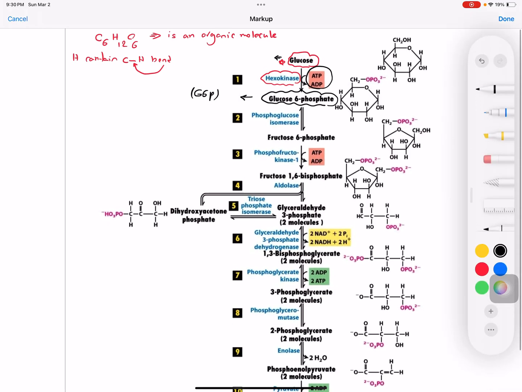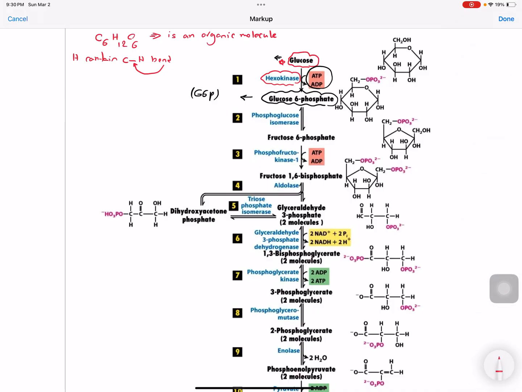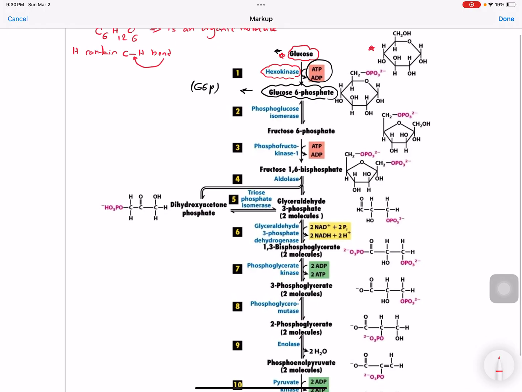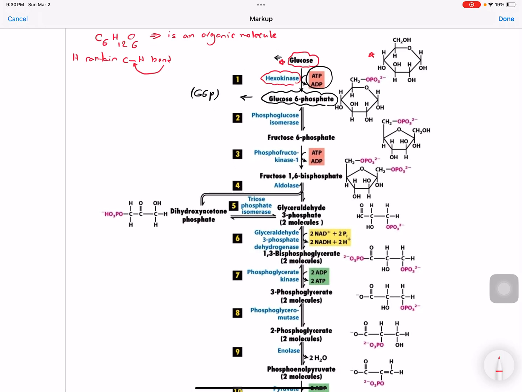And in this image and in this PDF, you can see the structural formula as a ring of glucose. The phosphate group is added to the 6 carbon of glucose and produces glucose 6-phosphate.